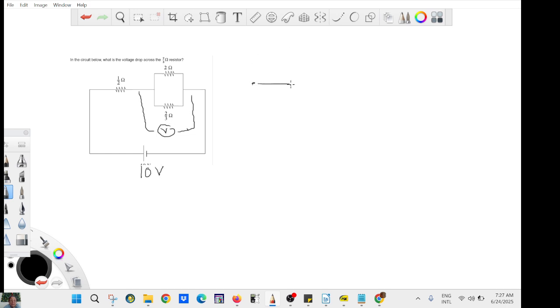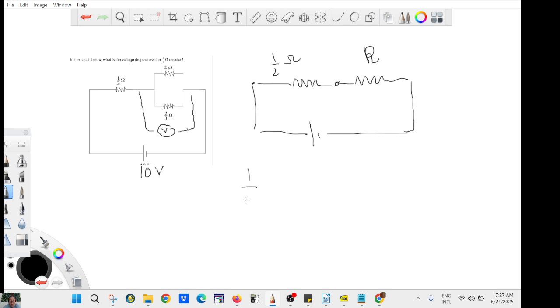Okay, so let's see. You have one resistance here, so that will be 1/2 ohms. And here we want to replace it by a resistance. And 1 over R will be 1/2 plus 3 over 2, which is 4 over 2.